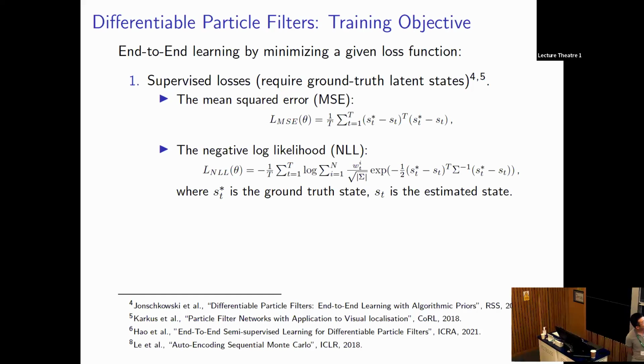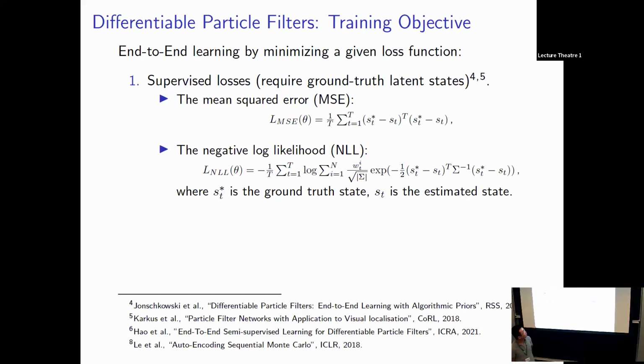But if we assume that those hidden states are known, so we know the s_t star, the ground truth state, you can perform optimization based on the mean square error of your filtering mean. For example, the estimated state s_t can be the mean of the particles you obtain through particle filtering. But you can also assume that your posterior follows, for example, a Gaussian, then you can minimize the negative log likelihood. So different approaches are used there.